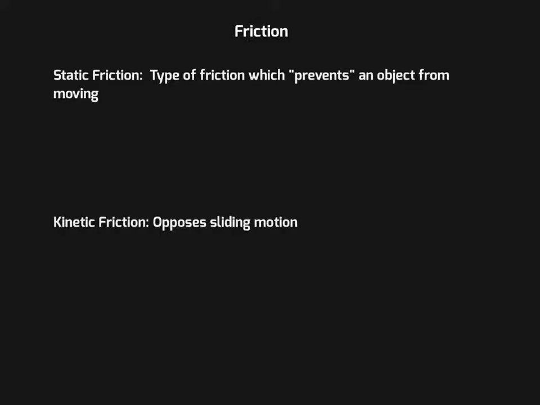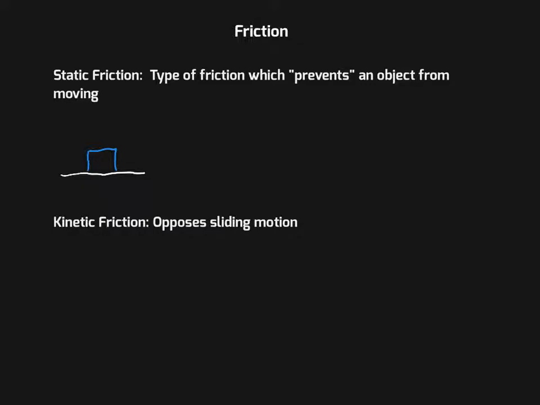Let's say that I have a block just resting on some surface. Well, there's no static friction here because there's no applied force. But as soon as we apply a little bit of force, we now have some static friction there, okay?